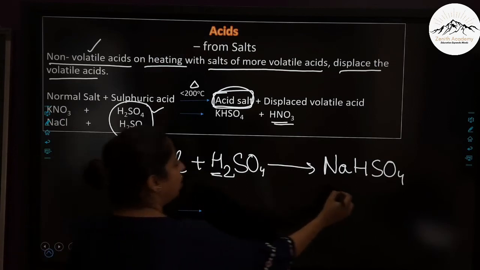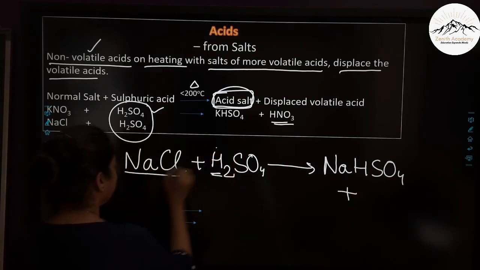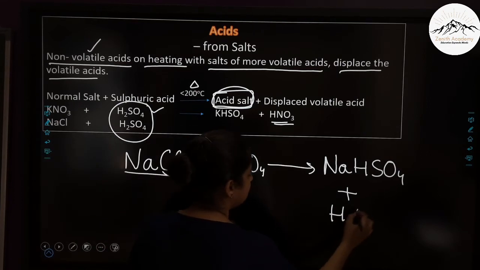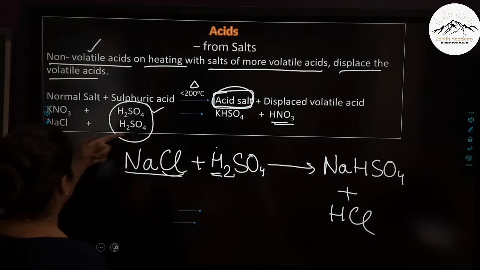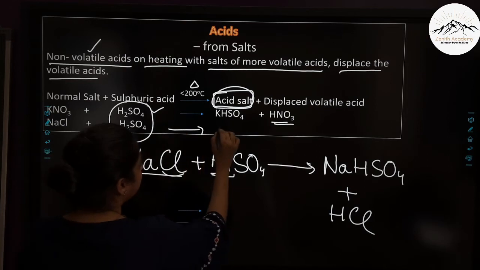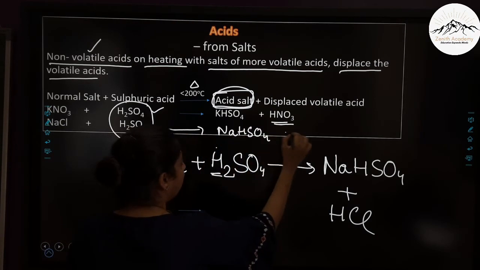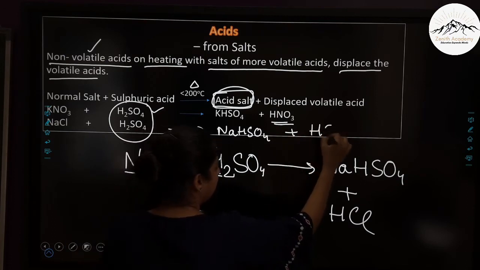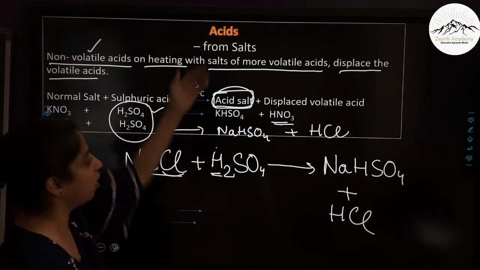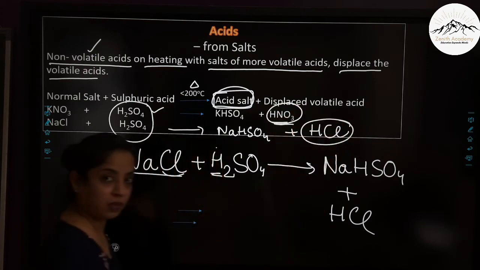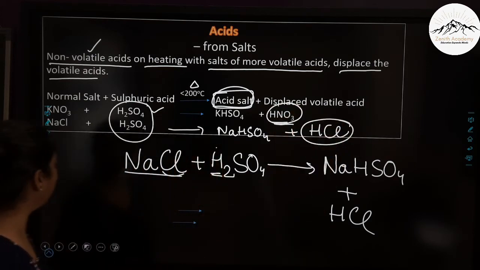And what is remaining? One H is remaining and Cl is remaining. So it will form HCl. So here NaCl plus H2SO4 will give you NaHSO4 plus the displaced acid. So this is how these acids are formed, HNO3 and HCl. I hope you have understood this very well.